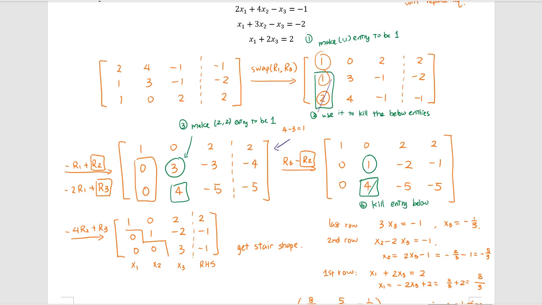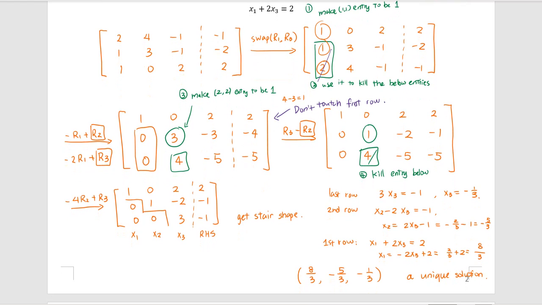Just think about row 2 and row 3. How do you get 1 here? We see 4 minus 3 is 1, so we can use row 2 and row 3. But don't use row 1, because if you use row 1, you might create non-zero entries in the first column. So be careful.